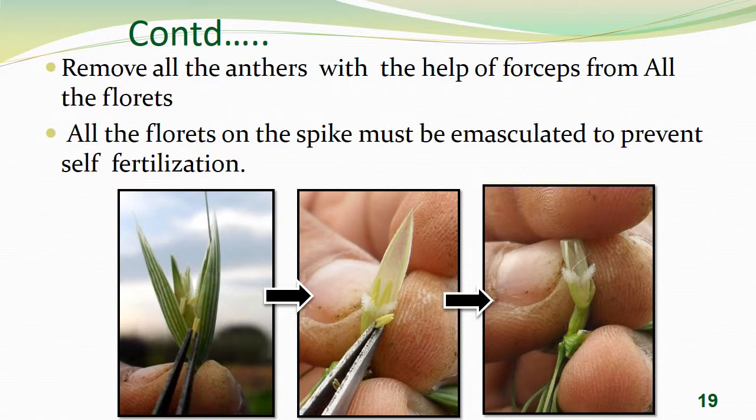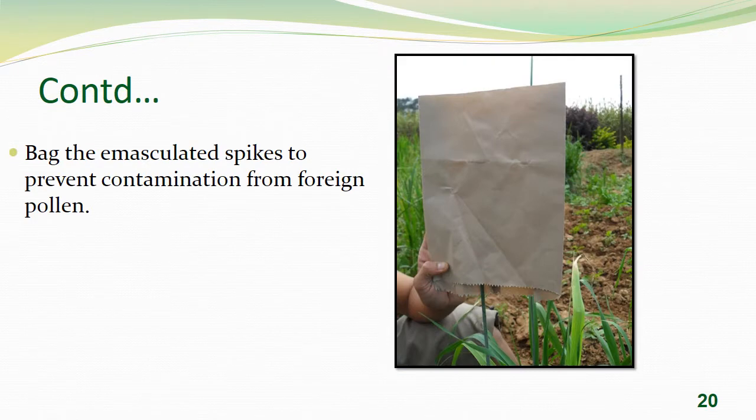All florets on the spike must be emasculated to prevent self-fertilization. Like this it should appear, and to ensure a successful pollination we have to remove all the anthers, all the 3 anthers. Bag the emasculated spikes to prevent contamination from foreign pollen.